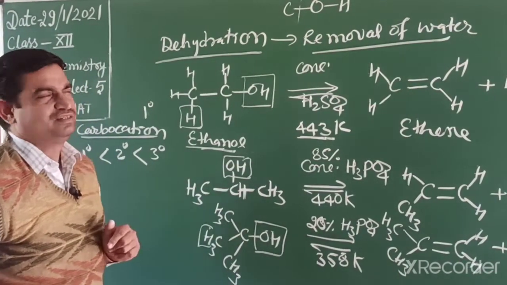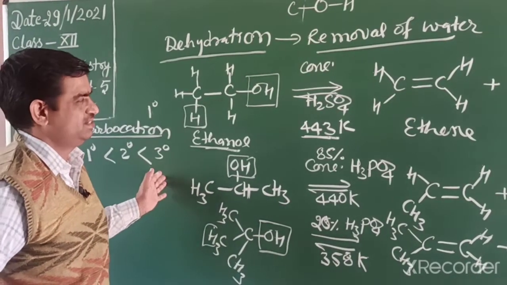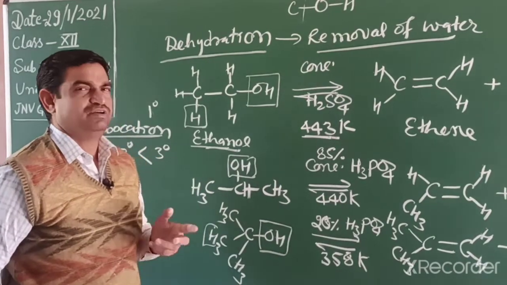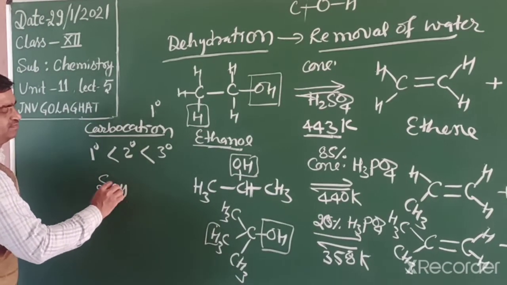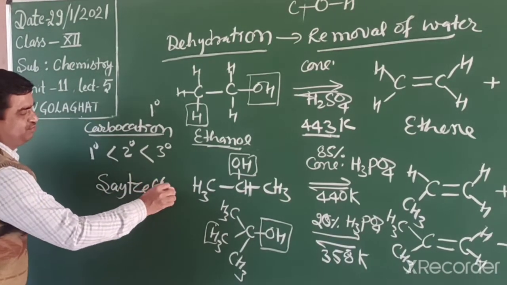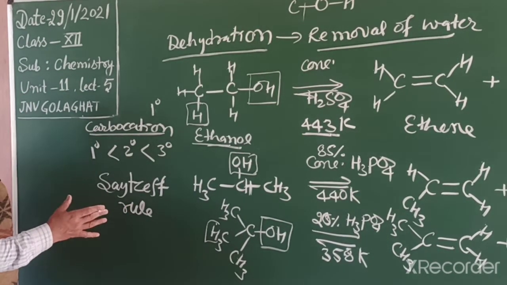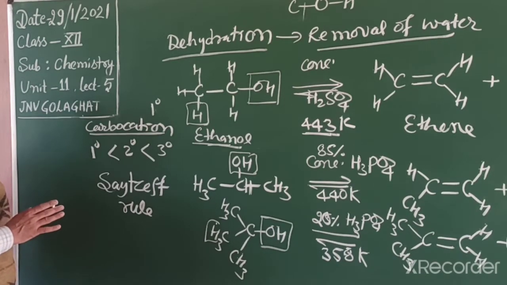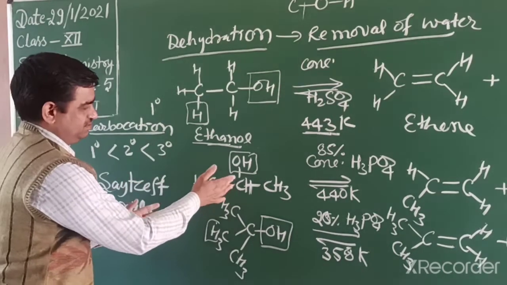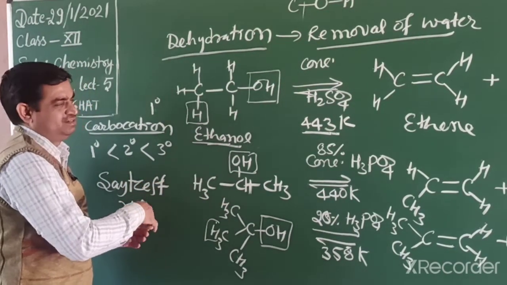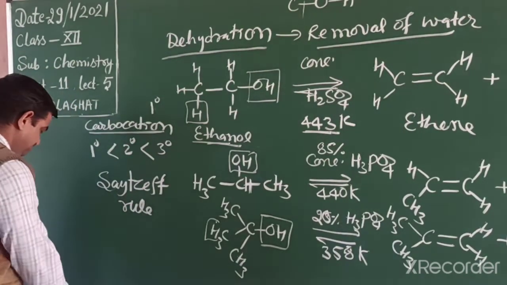Now we will discuss the detailed mechanism of dehydration, by which we get alkene, according to Saytzeff rule. As we discussed earlier, when an alkene forms, the more branched alkene is the major product. If an alcohol has more beta hydrogens that can be easily removed, we get the more branched alkene as the major product.